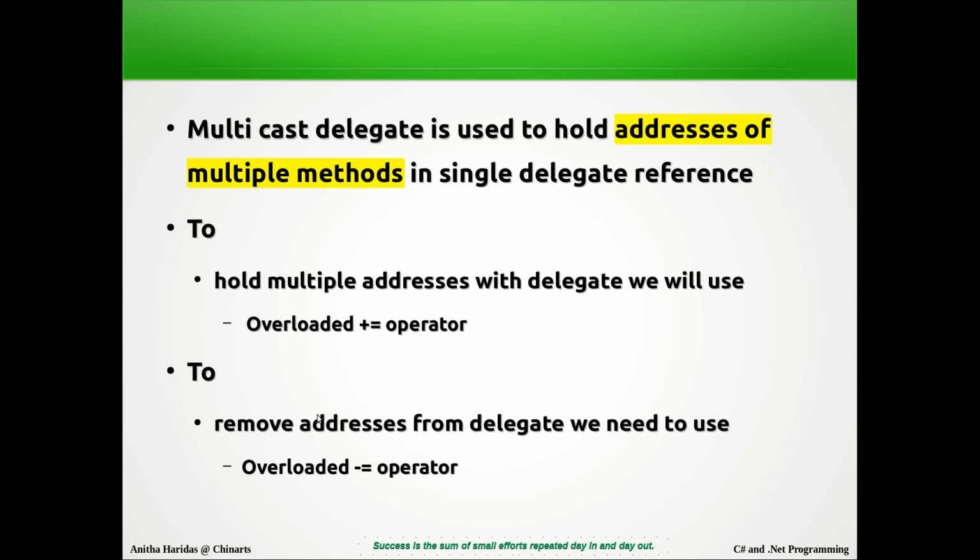In the same way, if you want to remove addresses from a delegate, we can use the -= operator. Both are already overloaded in the Delegate class. So += is for combining the delegates, and -= removes a delegate from a combined delegate.